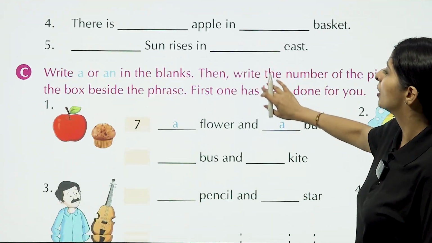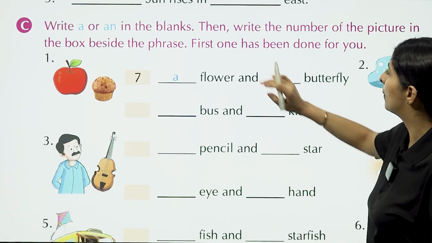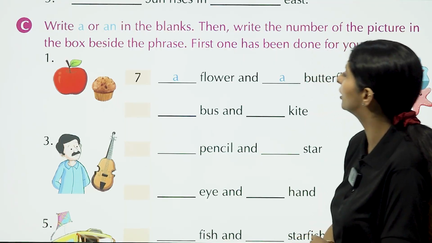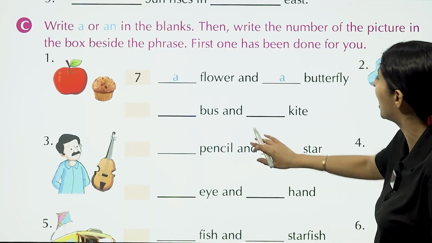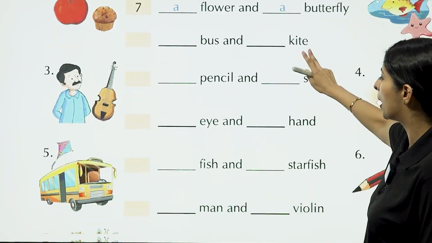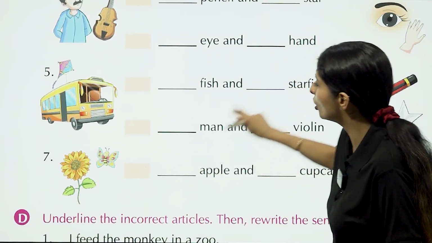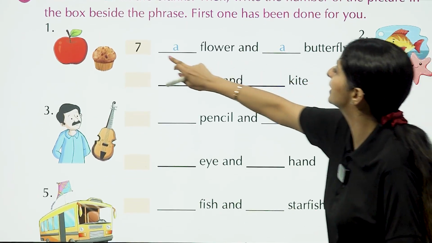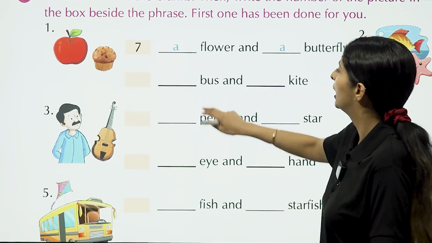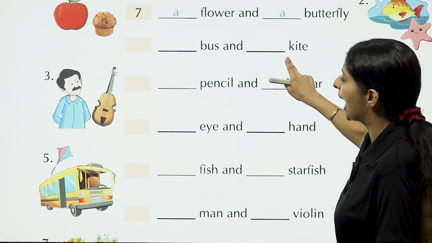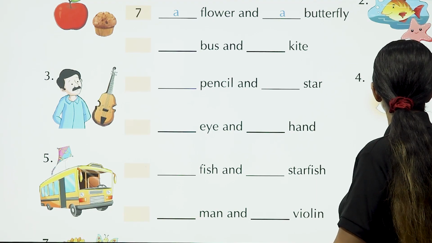Now next, write A or An in the blanks, then write the number of the pictures in the boxes beside the phrase. First one has been done. So here you can see a flower and a butterfly. What have you written here? 7, right? Now here you see a bus and a kite. So what will you do here?